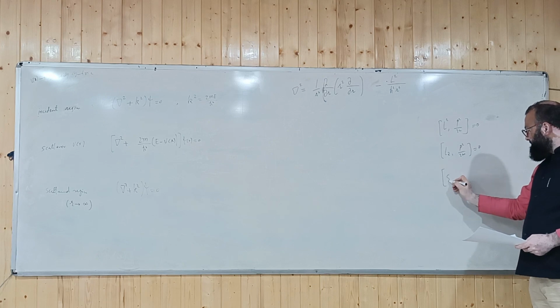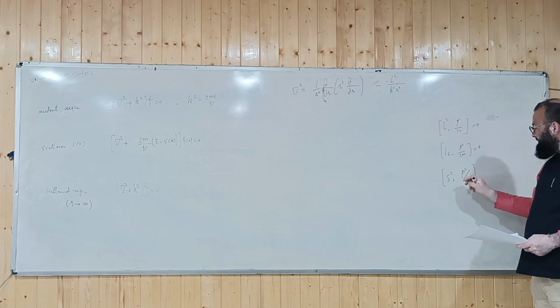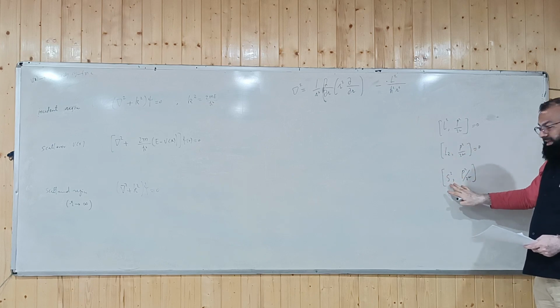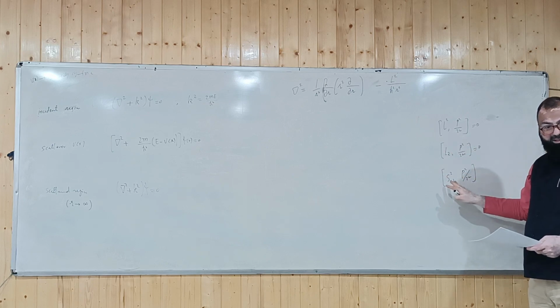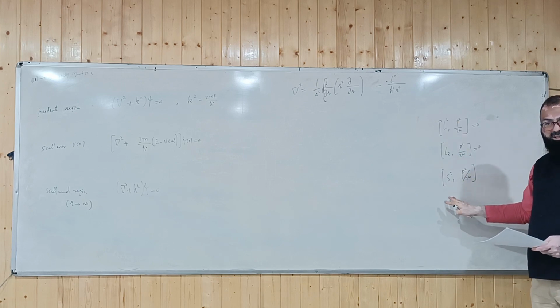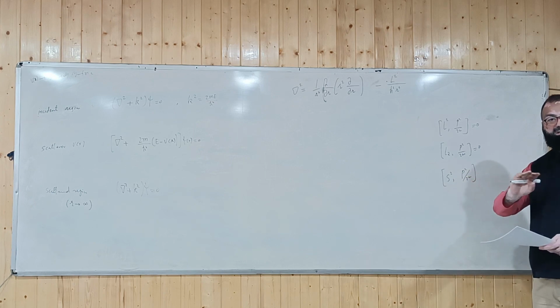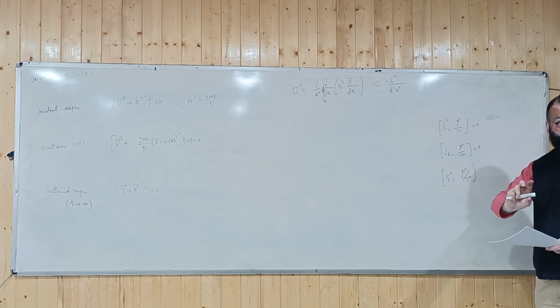There is one more term: S squared also commutes with this. So the spin is diagonal, or in other words, the Hamiltonian is diagonal in the spin basis. That's why we are not considering the spin states here. We consider simply the free particle, suppressing the spin degree of freedom.